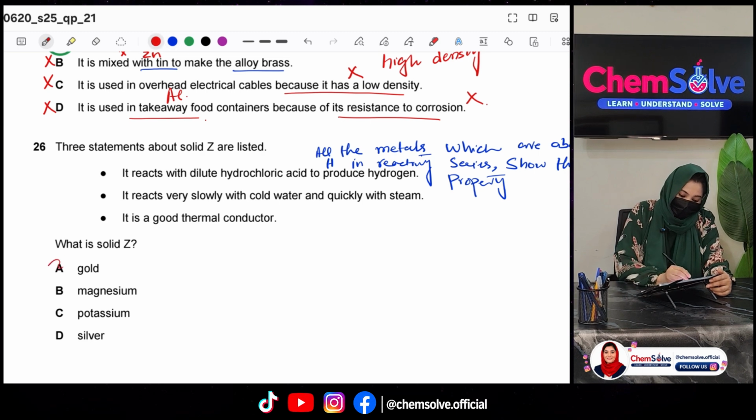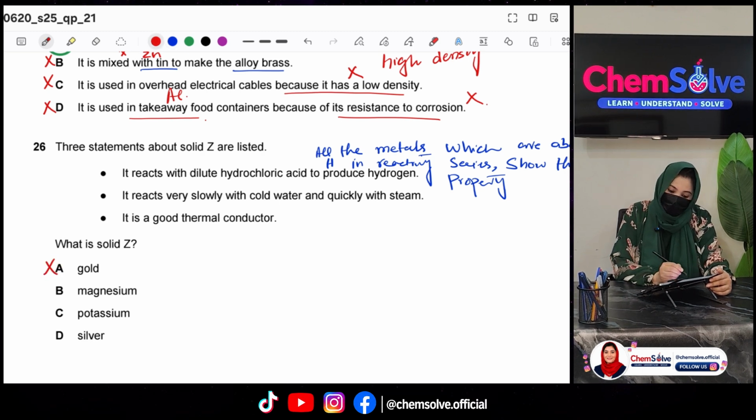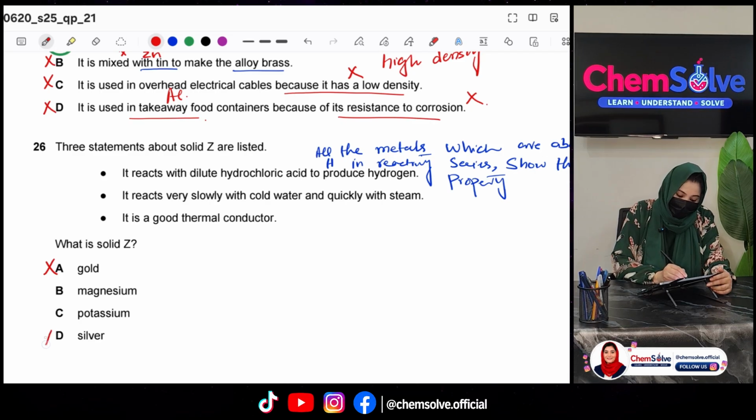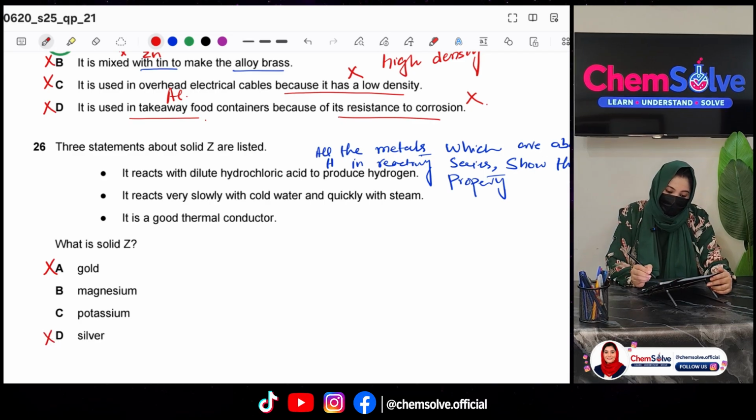So in the given options, gold is below hydrogen, so it couldn't show this property. Silver is also below hydrogen, so it cannot react with dilute hydrochloric acid to produce hydrogen. Now we are left with option B and C.